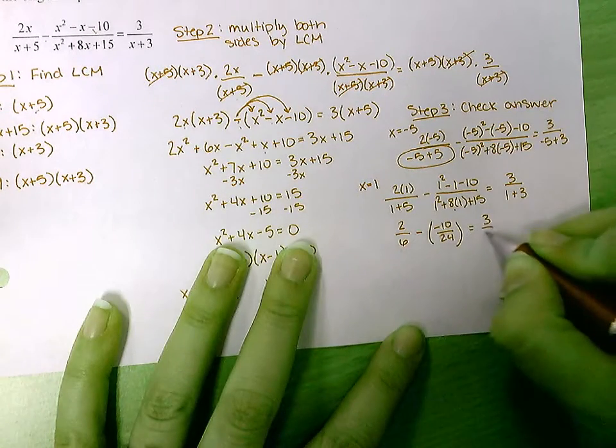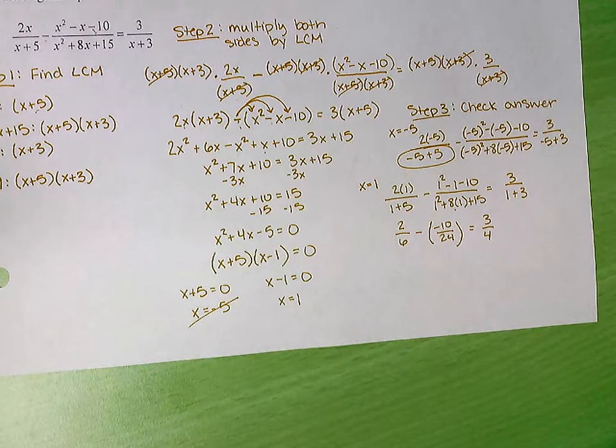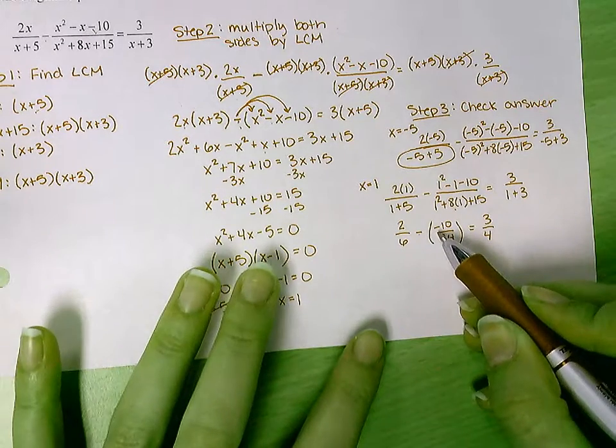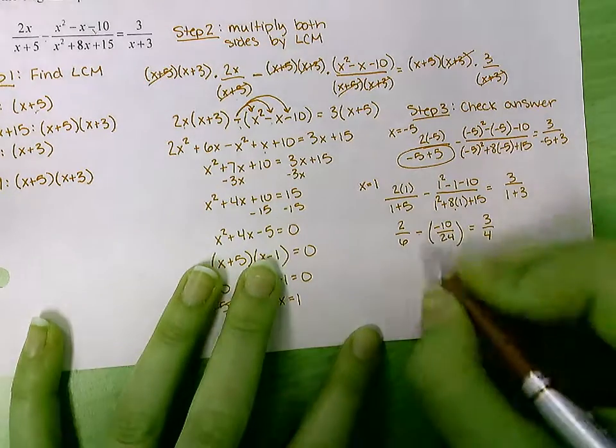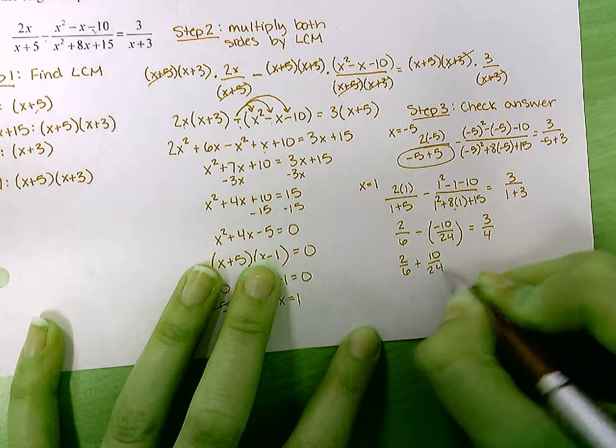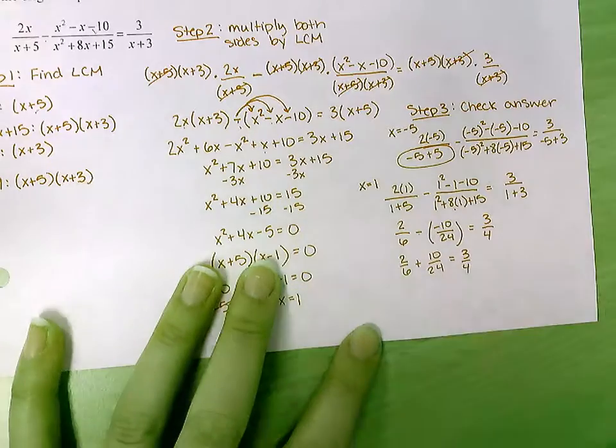That's equal to 3 over 4. Okay, so I have a minus, negative, thank you. So I have 2 over 6 plus 10 over 24 equals 3 over 4.